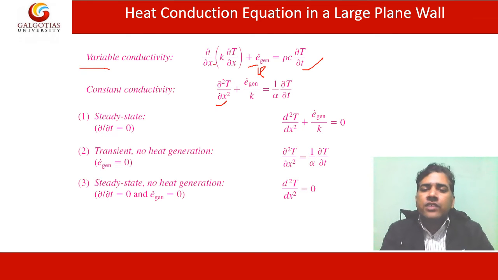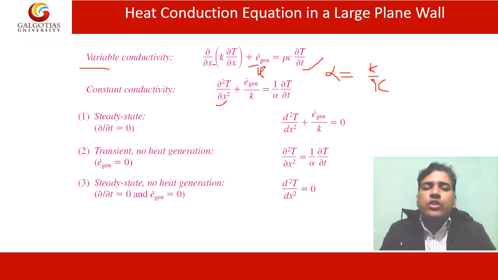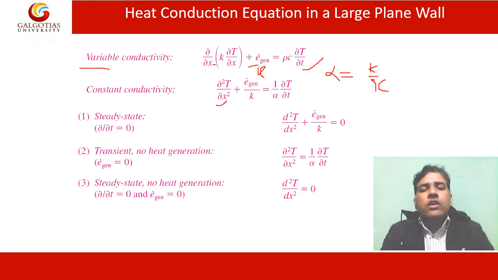Now you can see this new quantity is introduced: k upon rho c, where c is the specific heat of the material, rho is the density, and k is the thermal conductivity. This alpha is known as the thermal diffusivity.